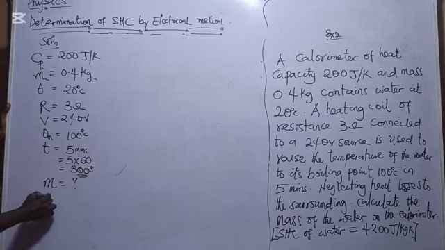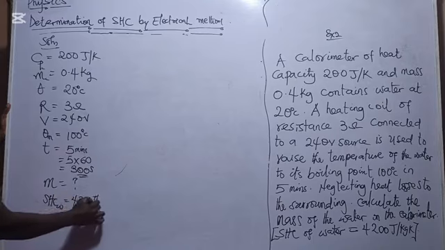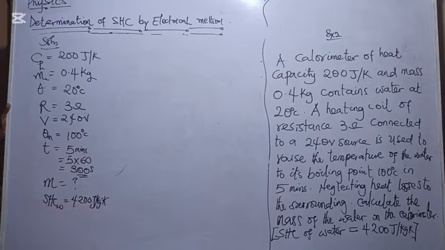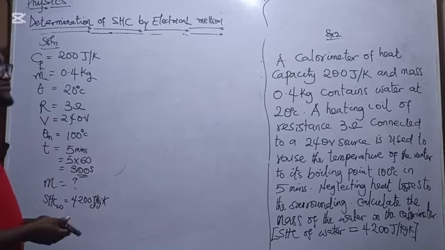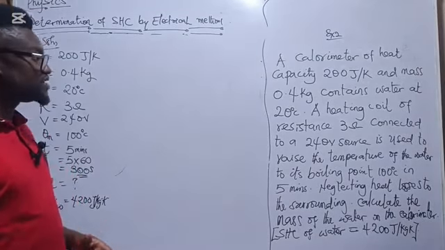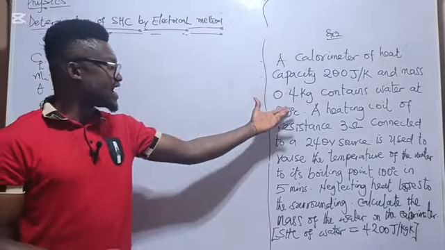So we have the specific heat capacity of that very water being equal to 4,200 joule per kilogram per Kelvin. Now, to solve this, we have to observe the principle of conservation of energy. We have a calorimeter of heat capacity, and the mass of water and the water.